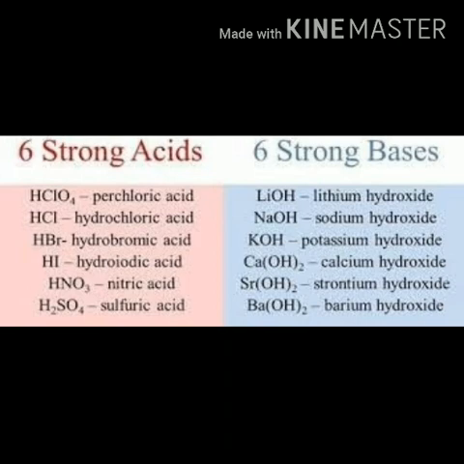Among them, hydrochloric acid, sulfuric acid, and nitric acid are well known. And the other 3 strong acids are perchloric acid, HClO4, hydrobromic acid, HBr, and hydroiodic acid, HI. All these 6 acids are basically inorganic acids. So we can tell most of the inorganic acids are strong acids.